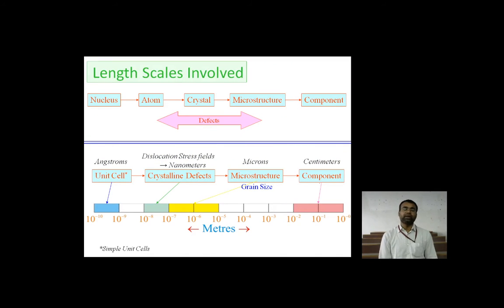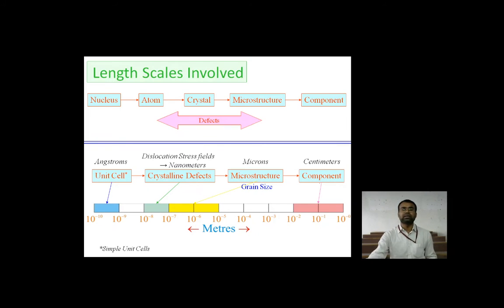So according to the dividing of those properties, that is how the material will take shape, and that is the length scale involved, from the creation of the material from the nucleus to the atom, and that atom leads to the crystal structure, and then the microstructure. The crystal structures combine and create a microstructure, and this microstructure relates to the component.